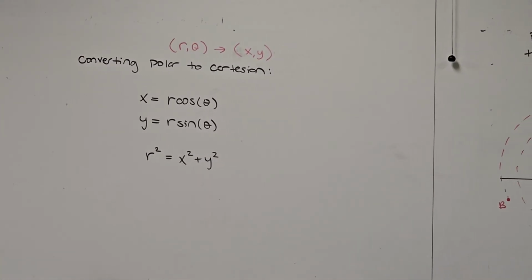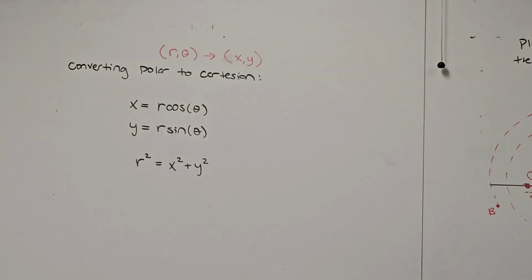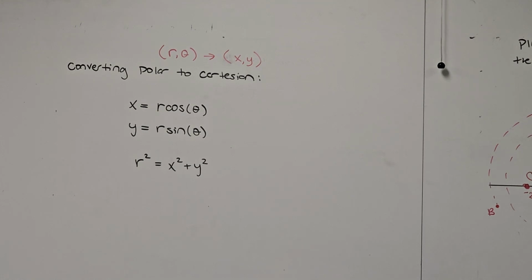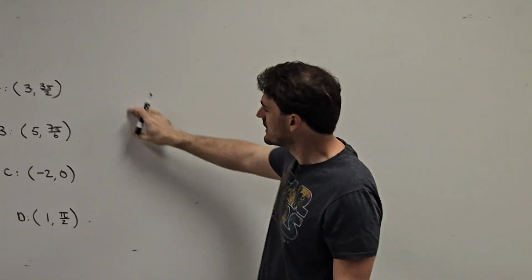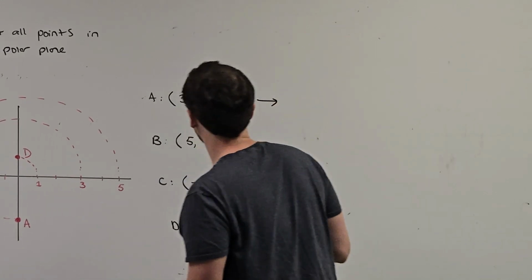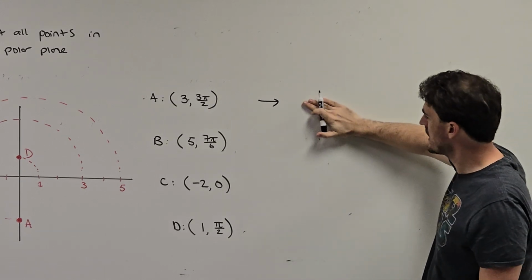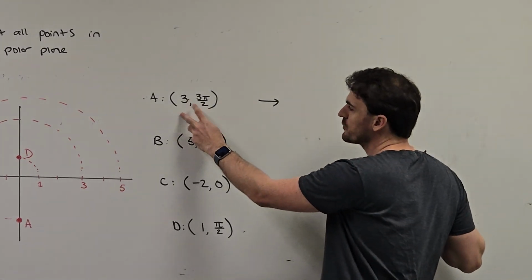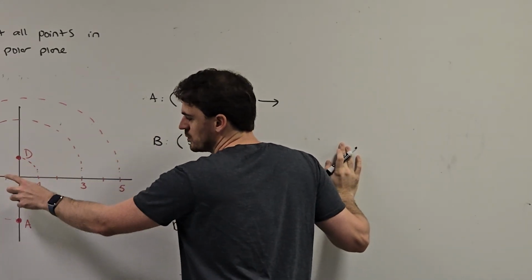So now I'm going to give you some polar coordinates and we're going to convert them to rectangular. What better way to do it than to take the points that we already have? Our final answer will be something different, but the position in the plane will be the same.